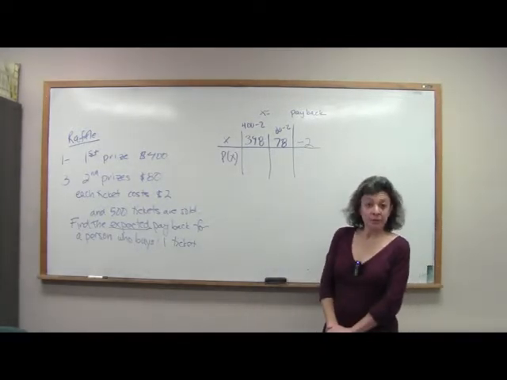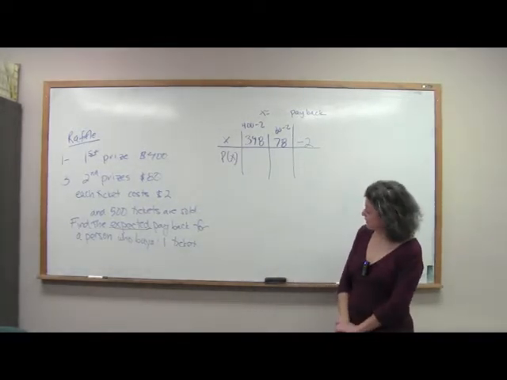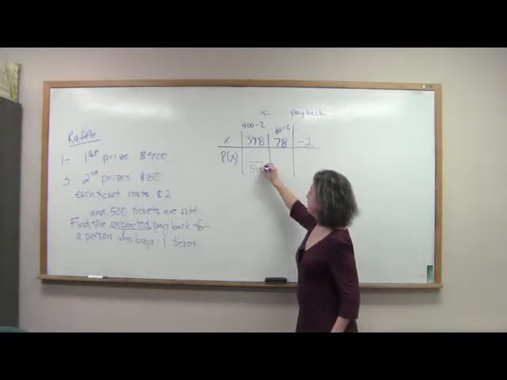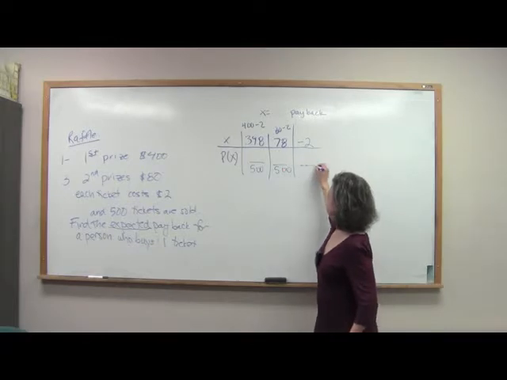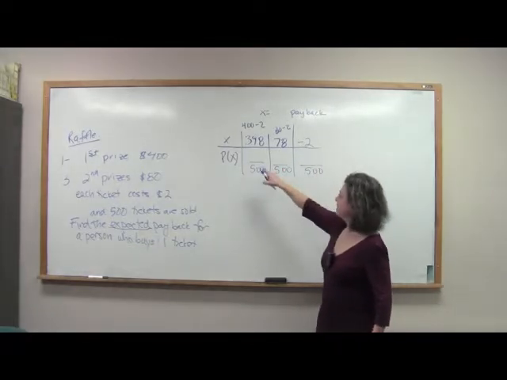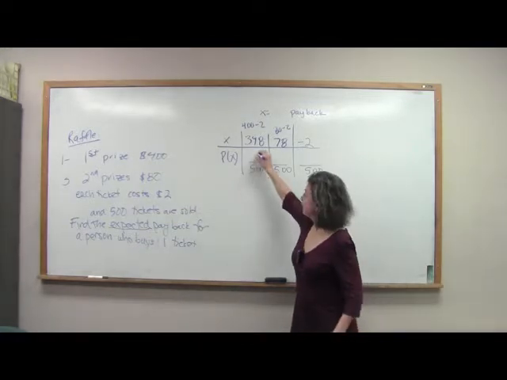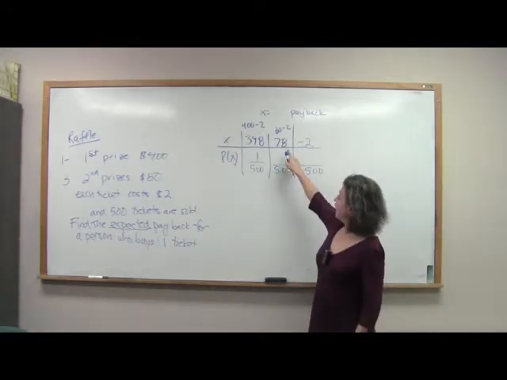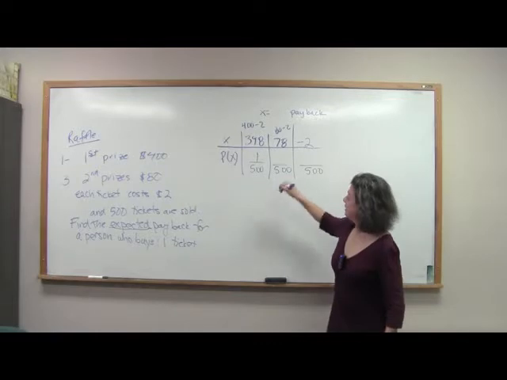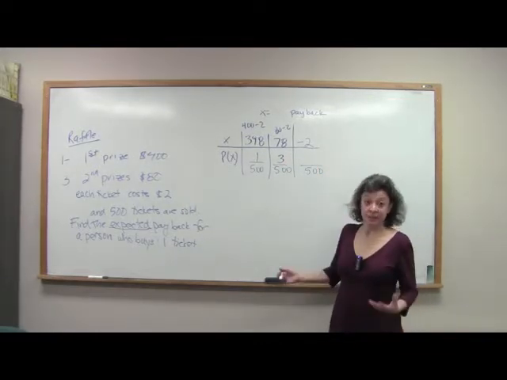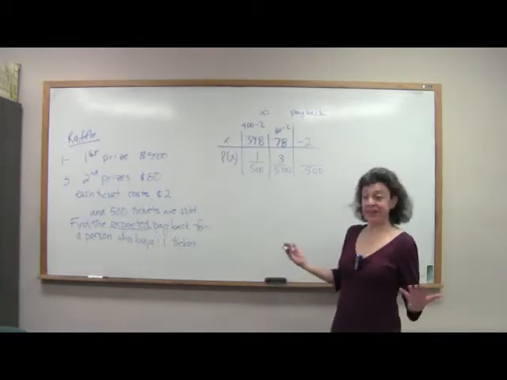So now let's go through and find our probabilities. Well, there's a total of 500 tickets that are sold. We'll ask ourselves, how many are first place winning tickets? There's 1. How many tickets win second prize? 3. And how many tickets lose? Well, everything else.